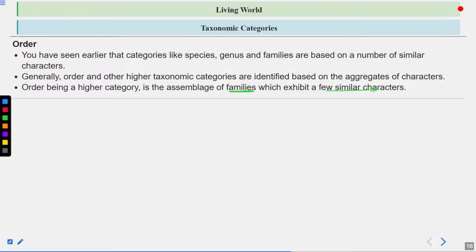It is an assemblage of families. Now as you are moving up, the number of shared characters is decreasing. So that's why we are saying the order is an assemblage of families, and these families are related, but not that much related. So it exhibits a few similar characteristics because the groups are becoming broad now.